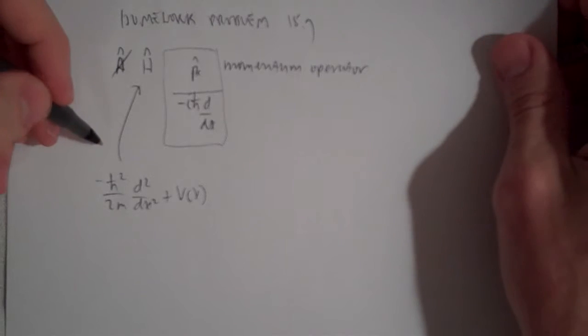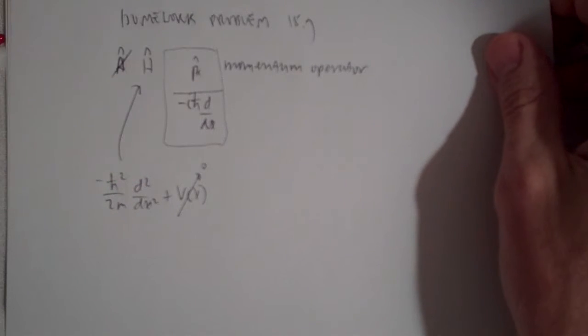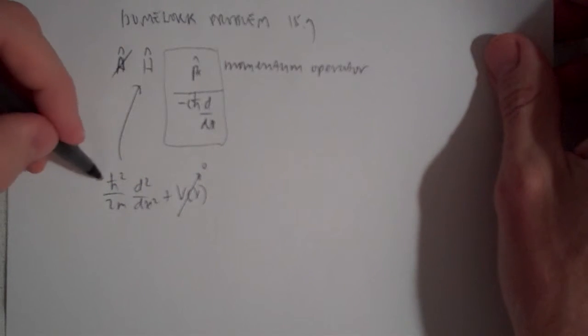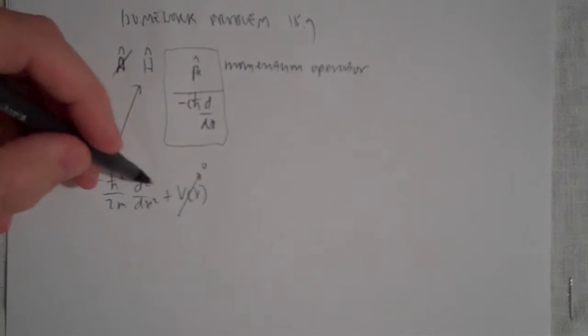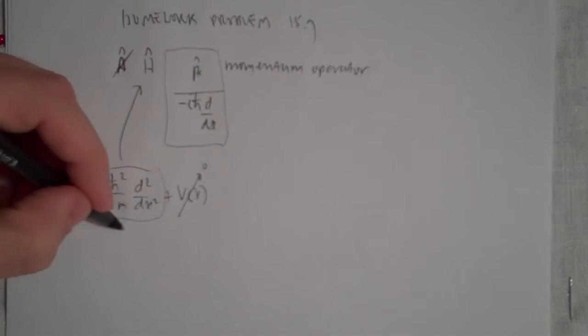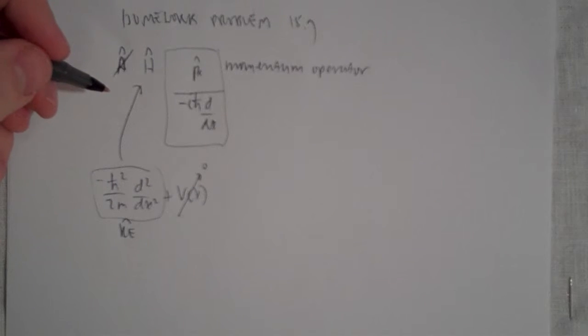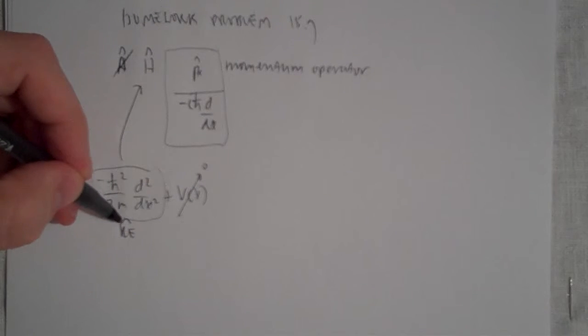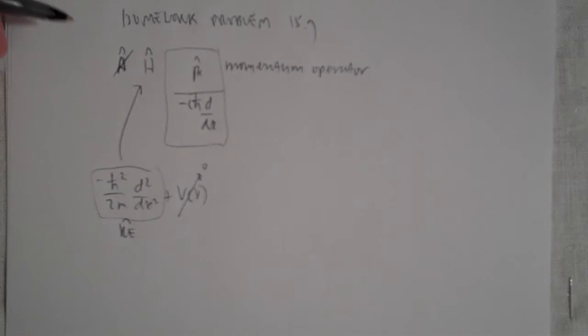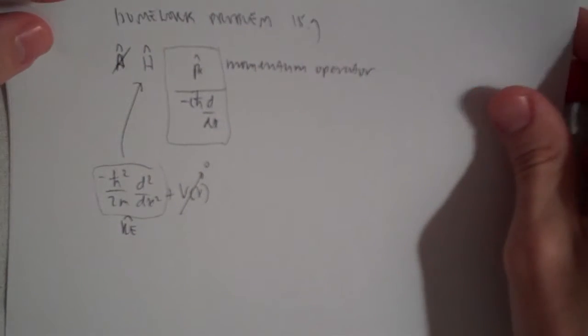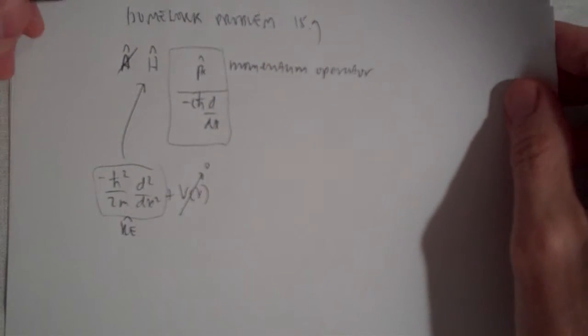This is the total energy operator, but the potential term goes to 0 for the particle in a box, so it's really just the kinetic energy operator. I'm going to use KE hat. I think the book uses just E hat with a subscript that says kinetic. All right, so this is the operator we've been working with.